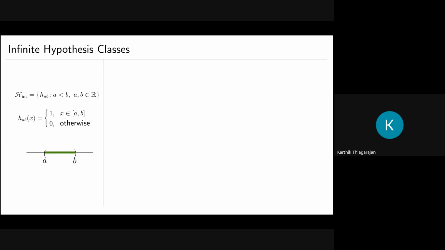We won't say what H int is. Whenever you see H int, you must know that it is the hypothesis class of interval classifiers. The other part we won't mention is that this is a closed interval, not an open interval. All these things you have to remember.